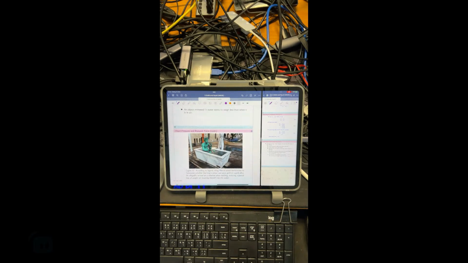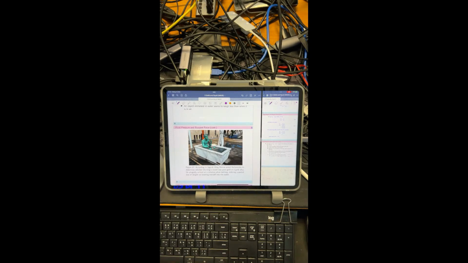First of all, there will be a force to lift you up, and that is called the buoyant force. The amount of buoyant force is equal to the weight of the liquid or fluid that gets out of the container.